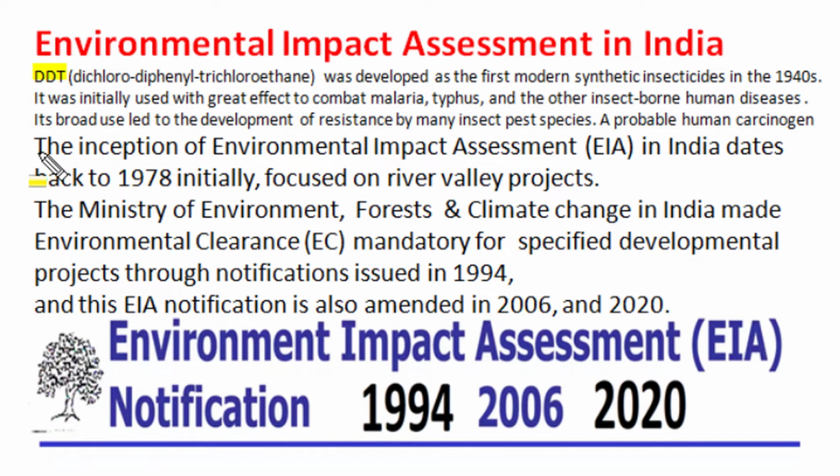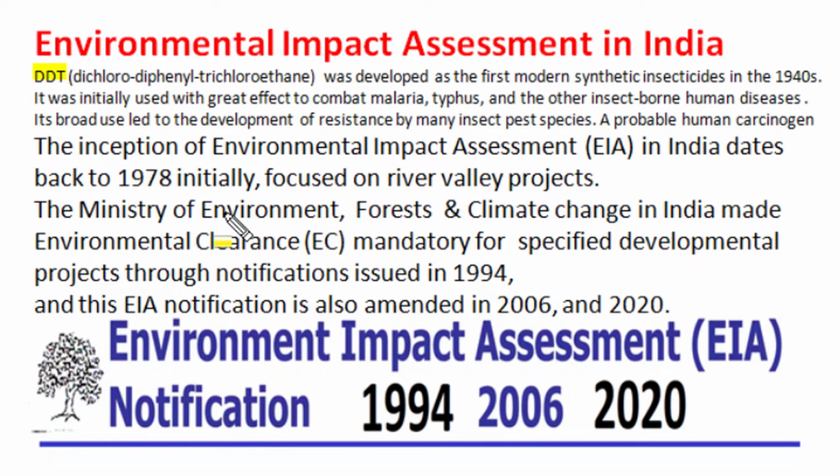But soon its broad use all through the world led to the development of resistance by many insect pest species, and noticeable environmental impacts were found related to DDT overuse. And in 1972, studies proved DDT as a probable human carcinogen, and its use was restricted.